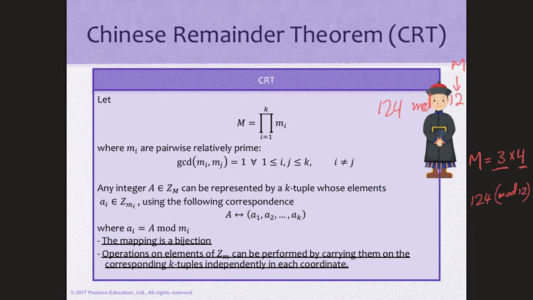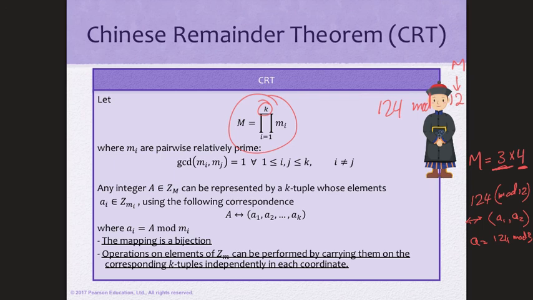12 can be mapped to A1 and A2. I have two elements because I have two factors for the M, so k is equal to 2 in this case. And the first one, A1, is equal to 124 mod 3. What's 124 mod 3?